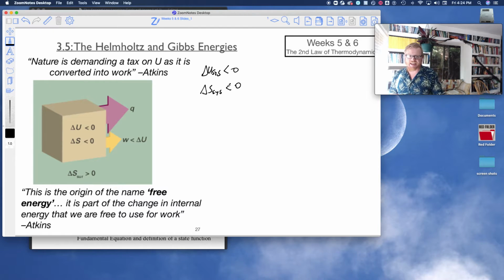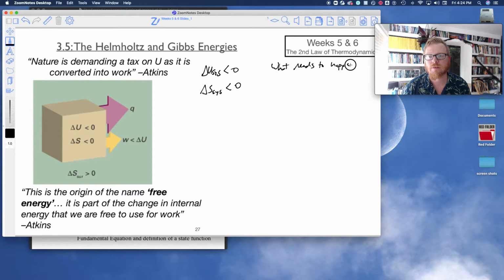And we're going to put together what needs to happen for spontaneity. And we'll impose that this is the first condition we're going to look at.